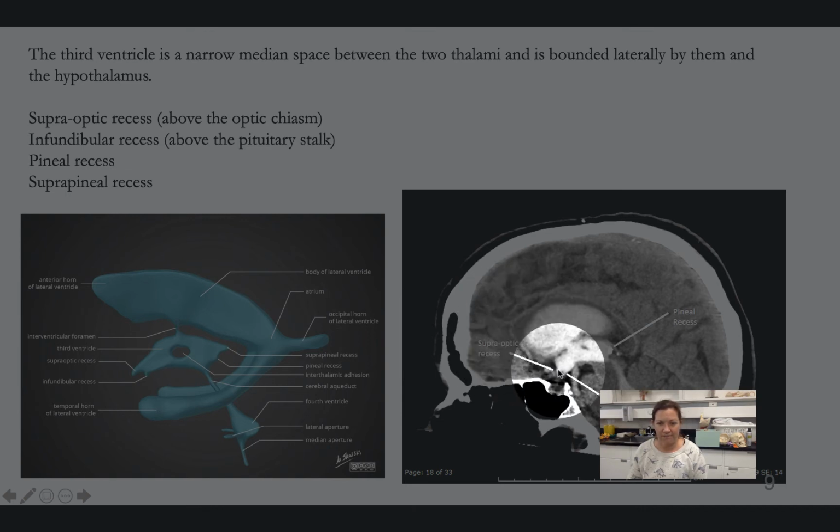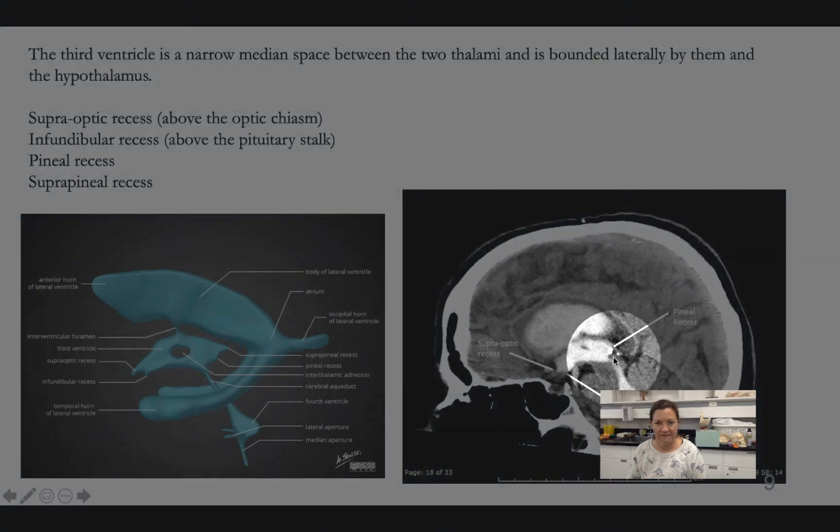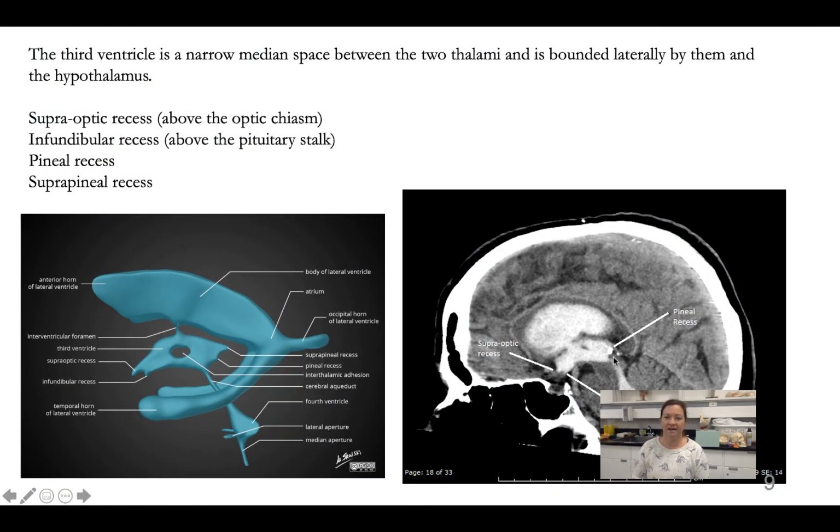The supraoptic recess and the infundibular recess are visible here anteriorly, and the pineal recess is labeled posteriorly. And these are clinically important because you lose these recesses if the third ventricle is enlarged. So the third ventricle has room to expand, and the divots between them get punched out. And so that's a sign that there's third ventricle CSF accumulation.